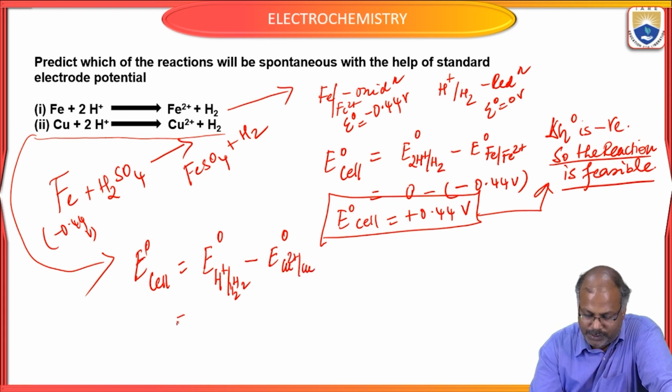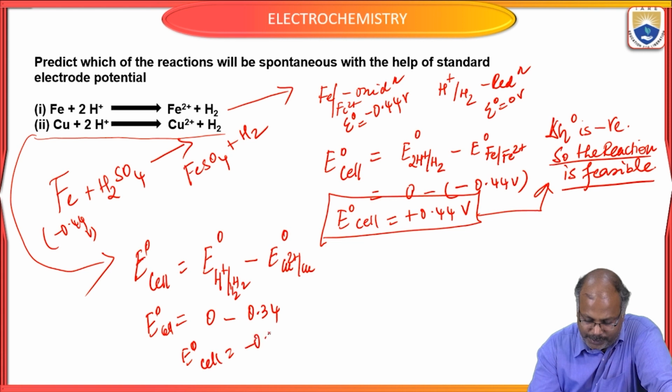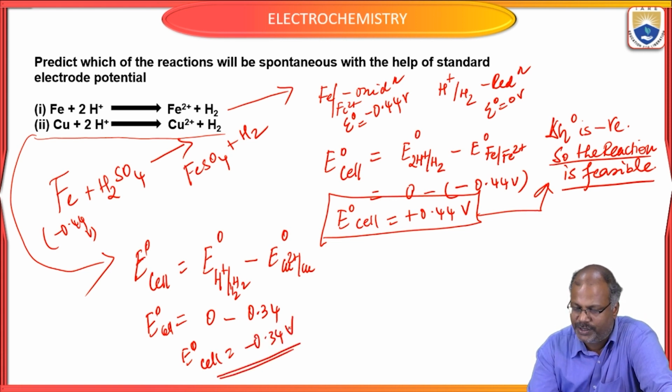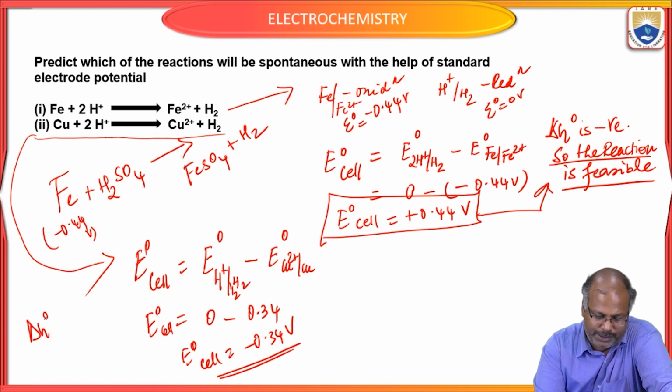So which is equal to 0 minus 0.34. So E0 cell is equal to minus 0.34 volts. So we know that here delta G is positive. So the reaction is not feasible or non-spontaneous.